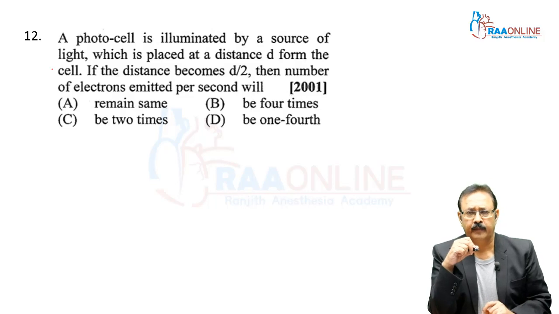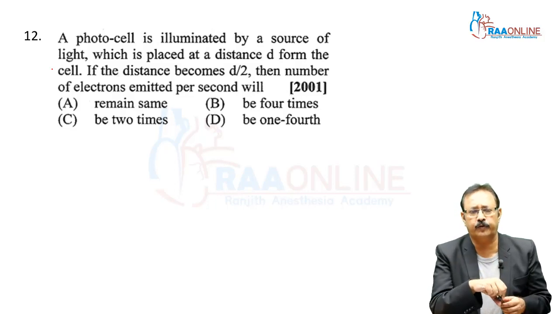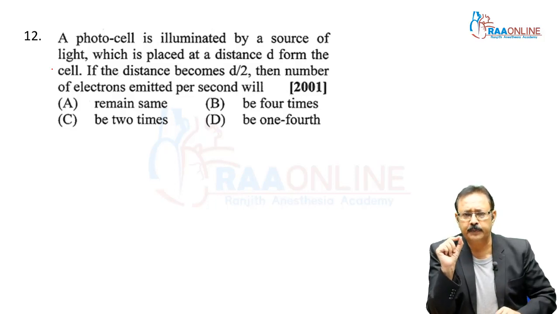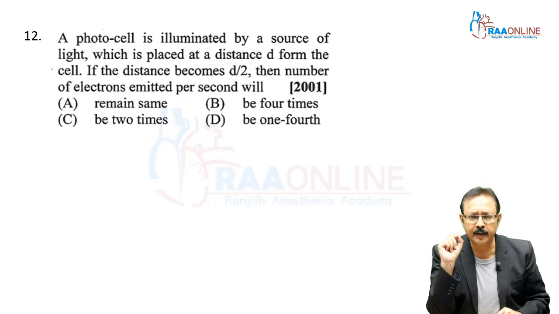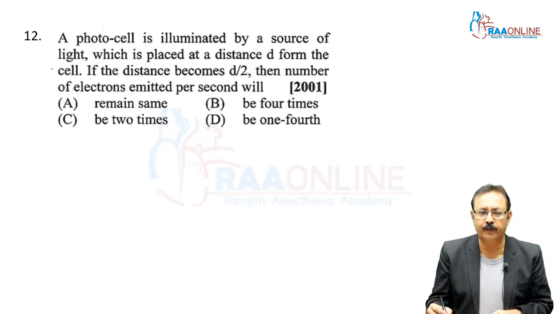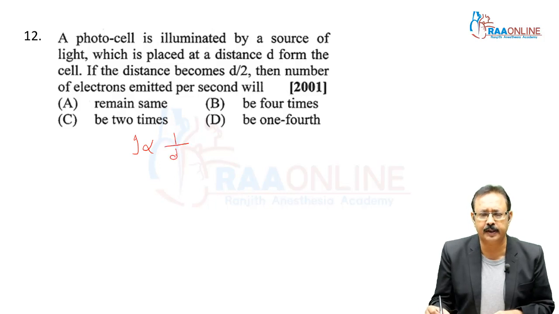Next, it is from 2001. A photocell is illuminated by a source of light which is placed at a distance d from the cell. If the distance becomes d by 2, you know that intensity of light is inversely proportional to the square of distance.